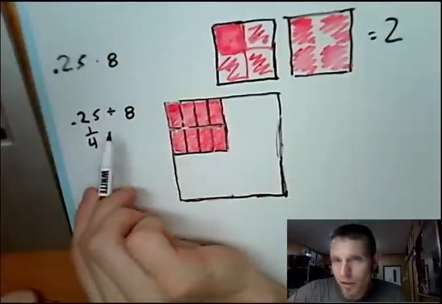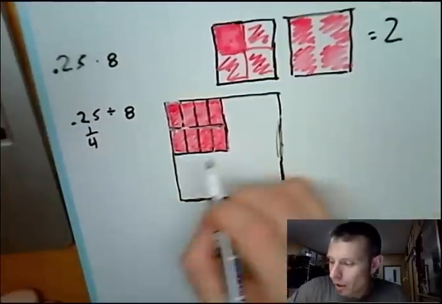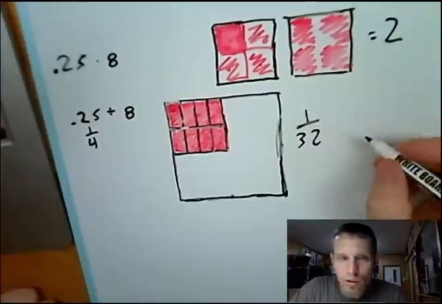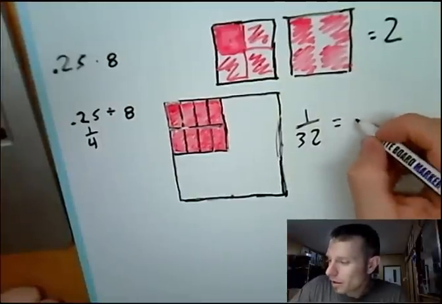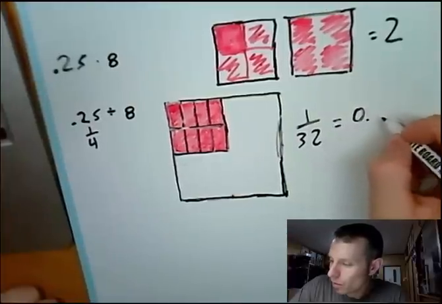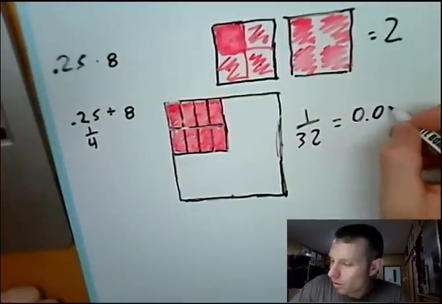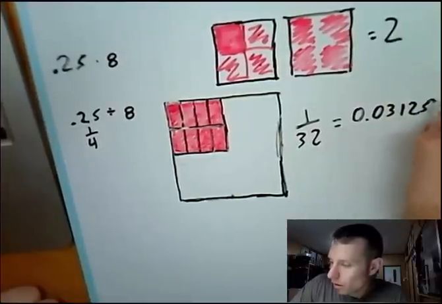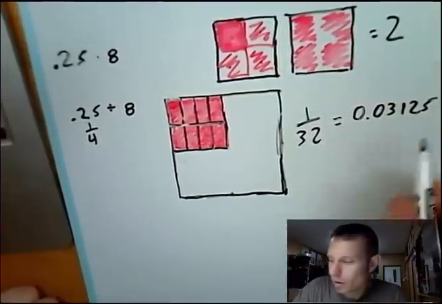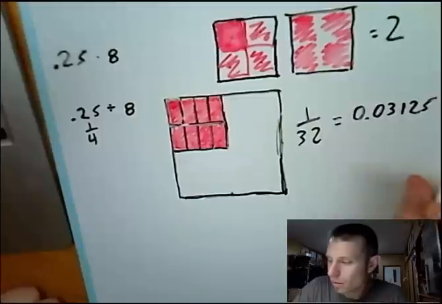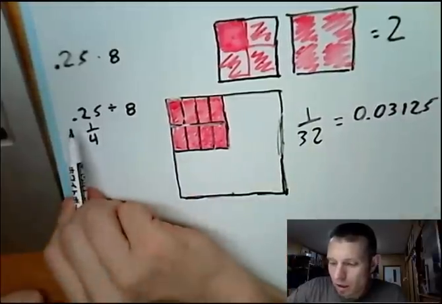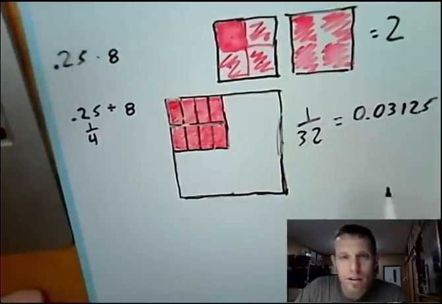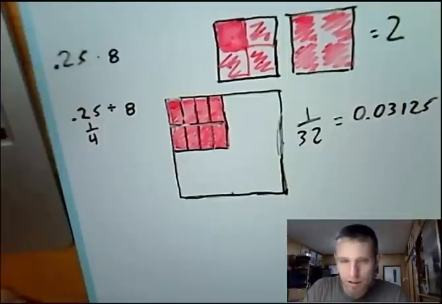So if we take 0.25 and divide that by 8, we have 1 over 32. And I believe that as a decimal is 0.03125. But that's a decimal divided by a whole number, which gives you a much smaller number to work with.